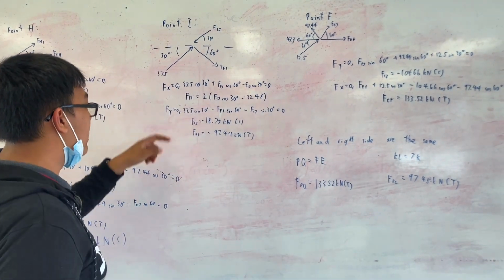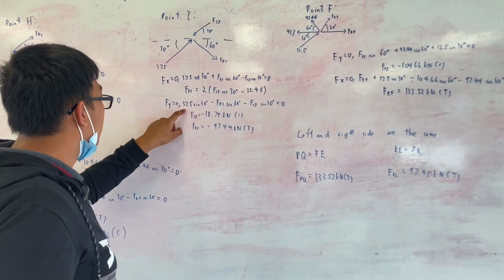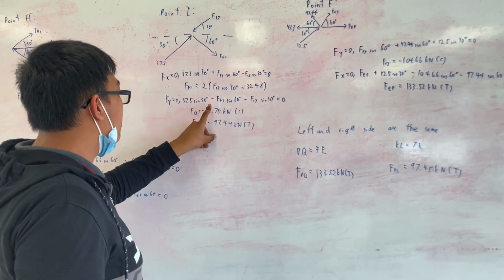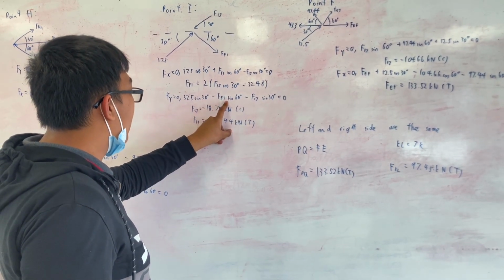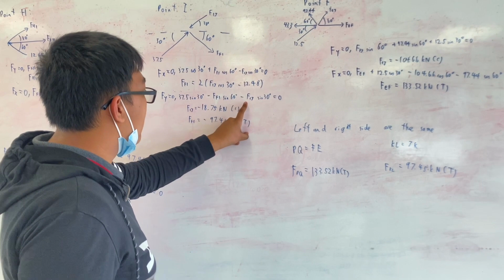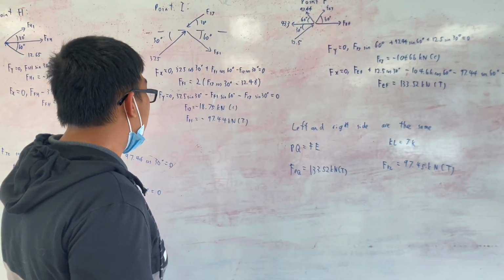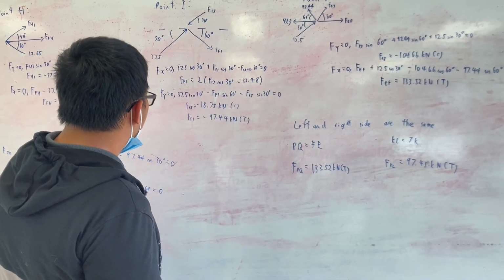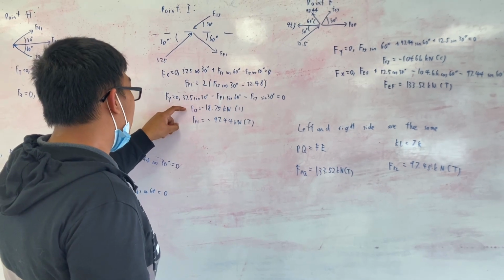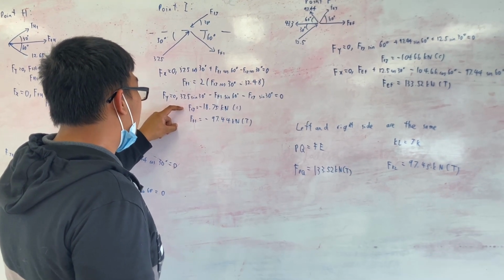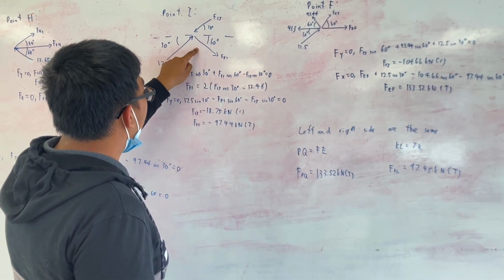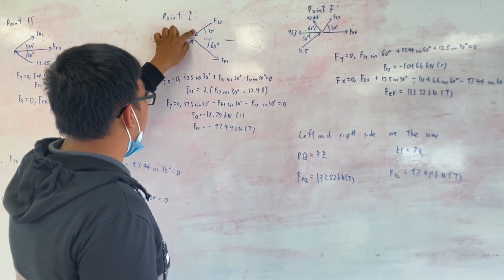And then we can insert that into the Fy equation, which is 37.5 sine 30 degrees minus FFI sine 60 degrees minus FIJ sine 30 degrees equals 0. From there, we can determine that FIJ is equal to negative 18.75 kilonewtons, which from the free body diagram is a compressive force.